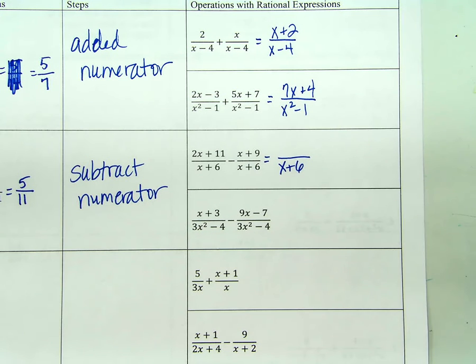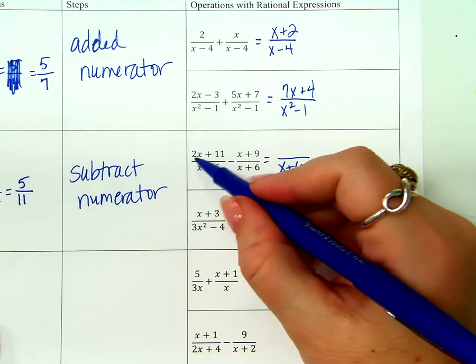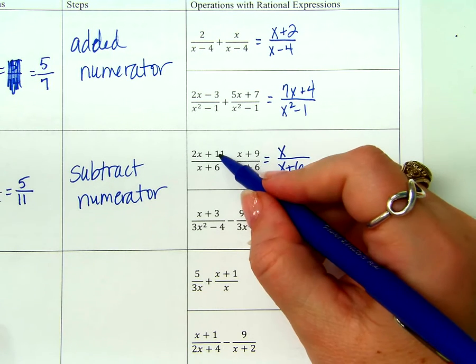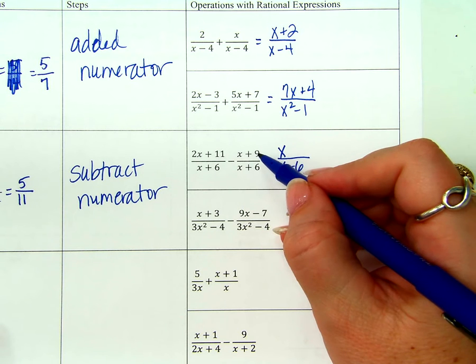Can I tell you what the wrong answer is that a lot of people tell me? X plus 20. First of all, why is it the wrong answer? They added everything? So we say 2x minus x. Is that fine? That was x, right? 11 and 9.